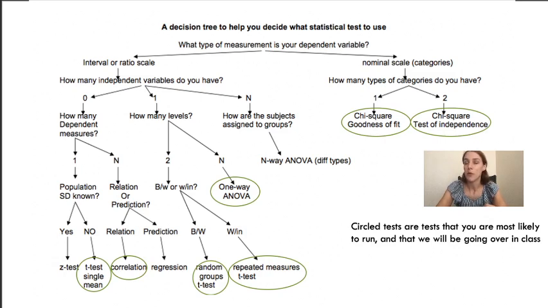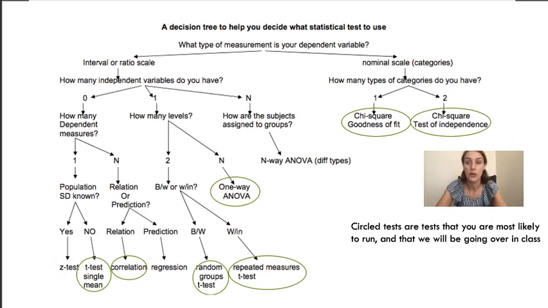Remember we have 4 different types of data: nominal, ordinal, interval, and ratio data. That will be indicated here. If you look up top, that's our first distinction. Do you have interval or ratio data, or do you have a nominal scale?